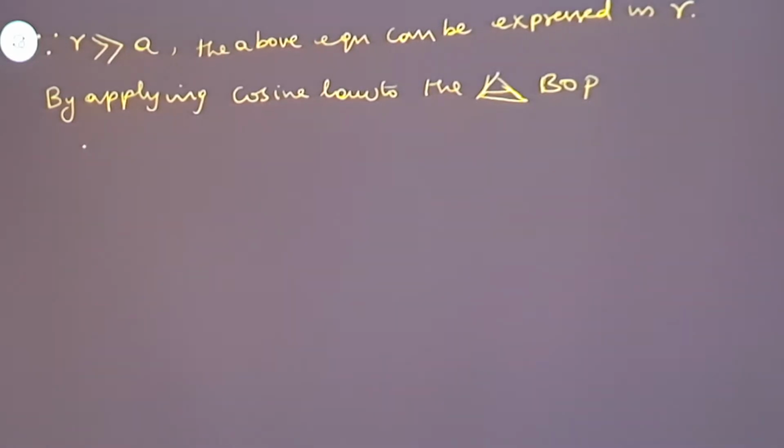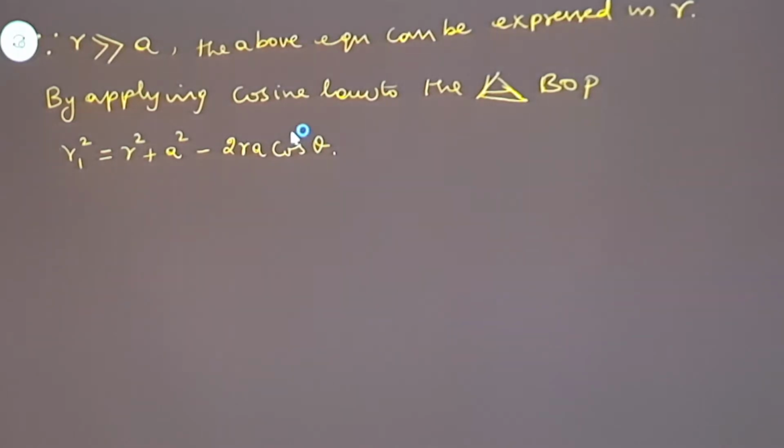By applying the cosine law to that triangle BOP, I am considering R1. For that, I have to take the square. R1 square is equal to the other two sides, R square plus A square, minus 2RA and the angle. The angle is theta, so cosine of that angle, cos theta.